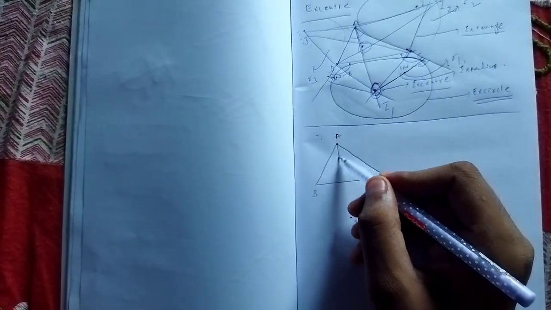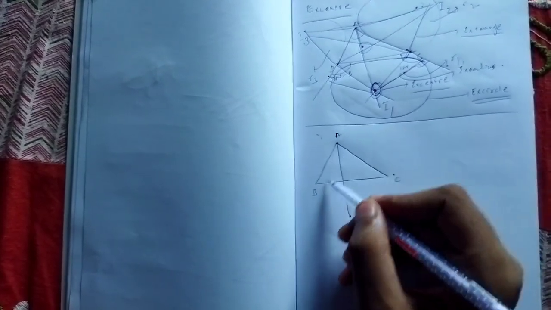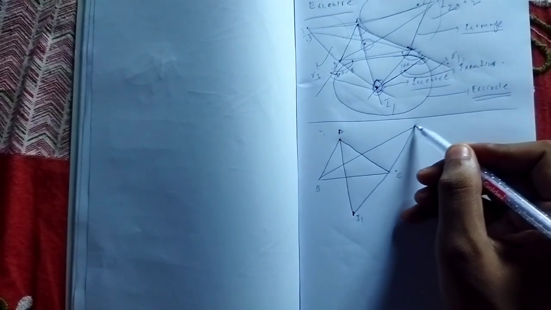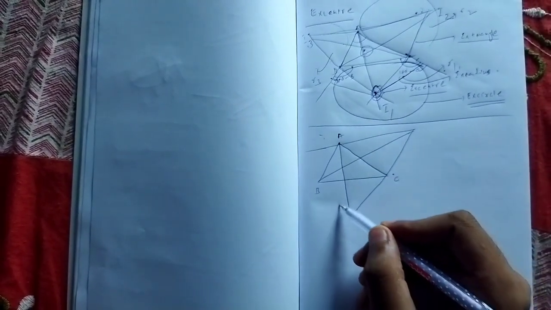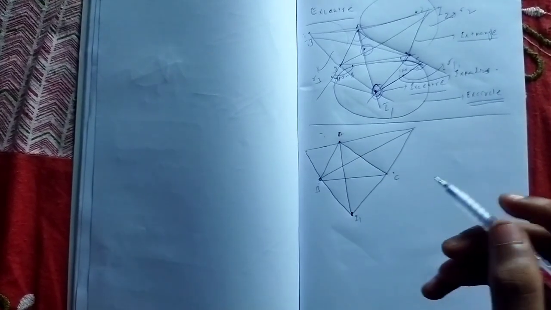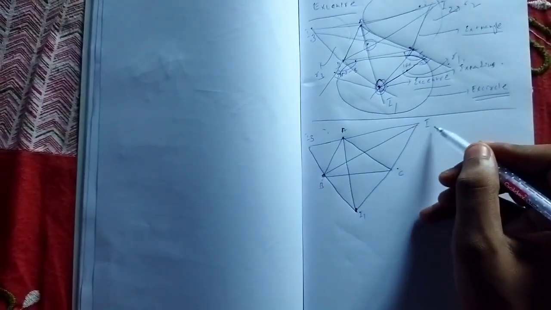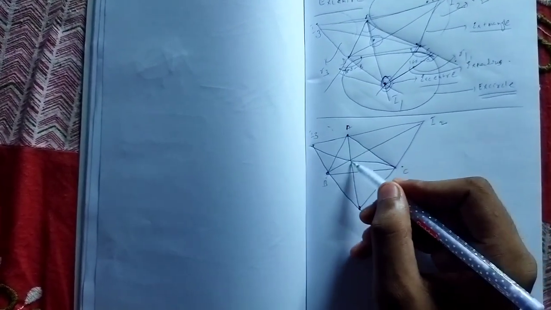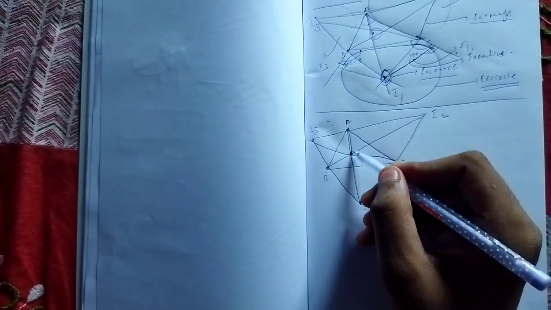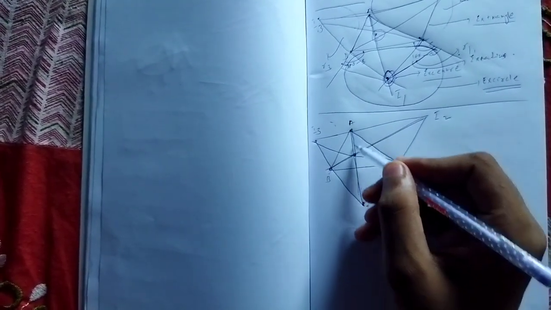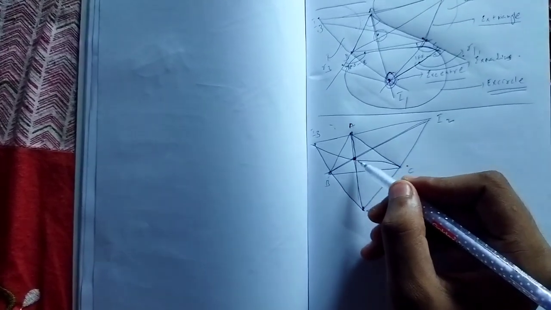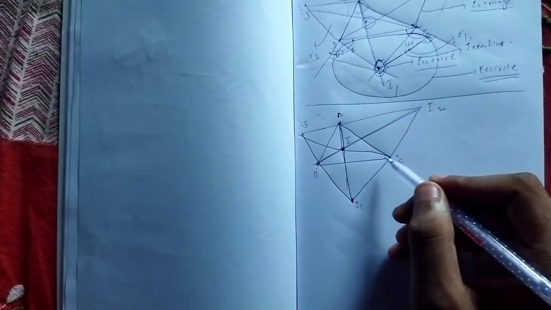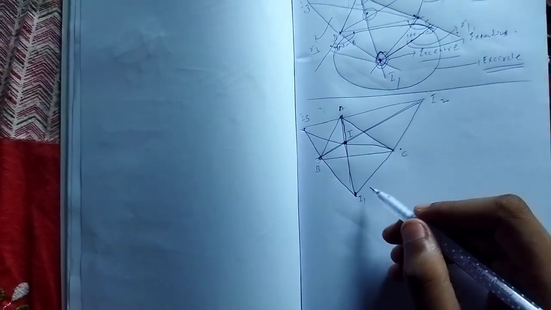This is I1, formed by joining these, as these three are internal bisectors. These are internal angular bisectors. This will be an incenter, which is the point of concurrence of angular bisectors.